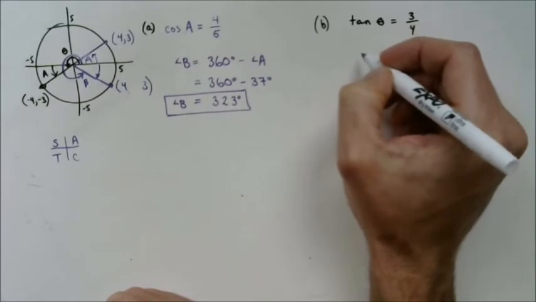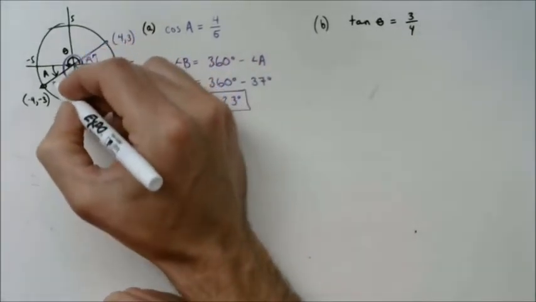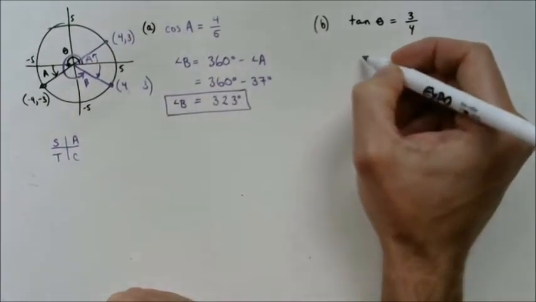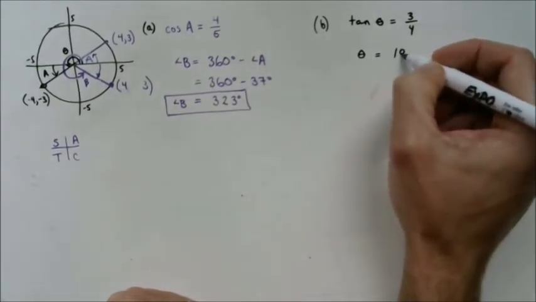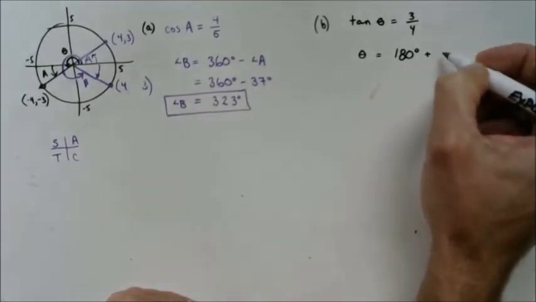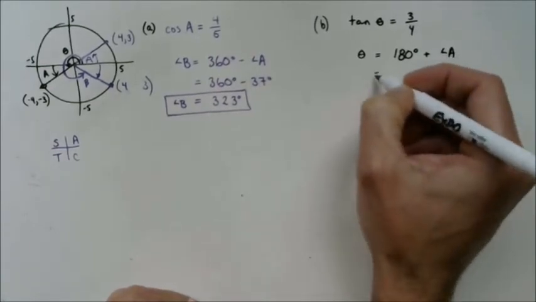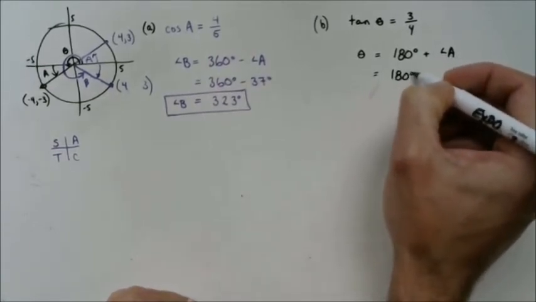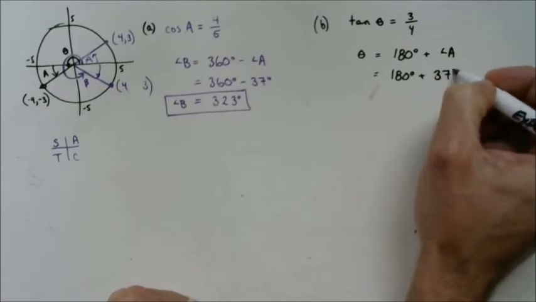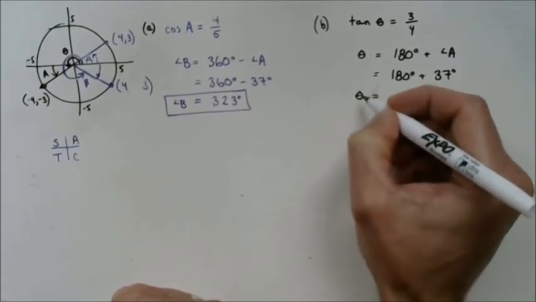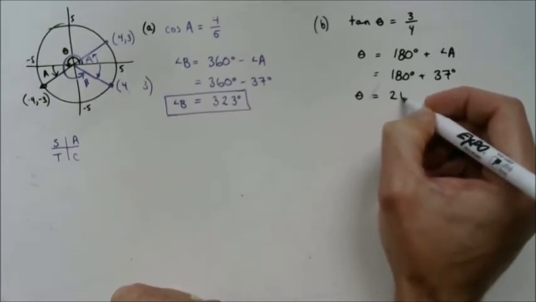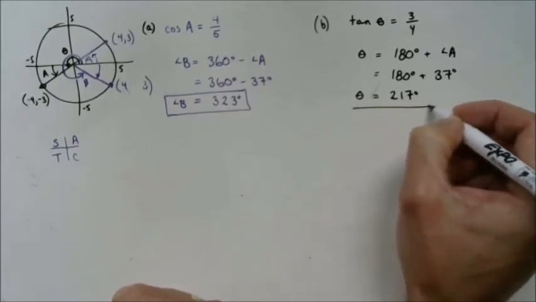So all we did was 180 plus angle A. The angle theta is equal to 180 degrees plus the measure of angle A. We know that the measure of angle A was 37 degrees, so that gives us the measure of angle theta being 217 degrees.